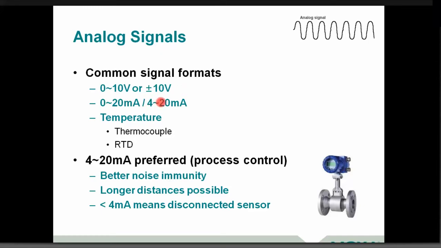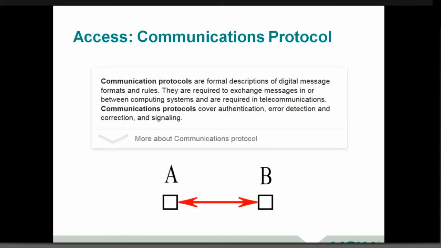You might have pressure transducers with 4 to 20 milliamps. You might have specialty temperature sensors that utilize yet another more specific interface like thermocouples or RTDs. Or another one where you might be using 4 to 20 milliamp, which is really preferred for some of these applications. So it's good to understand what you want to interface, what that signal format is, and how you might want to bring that in.